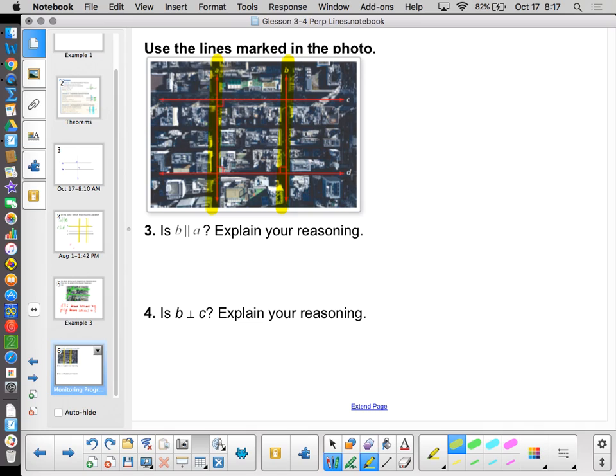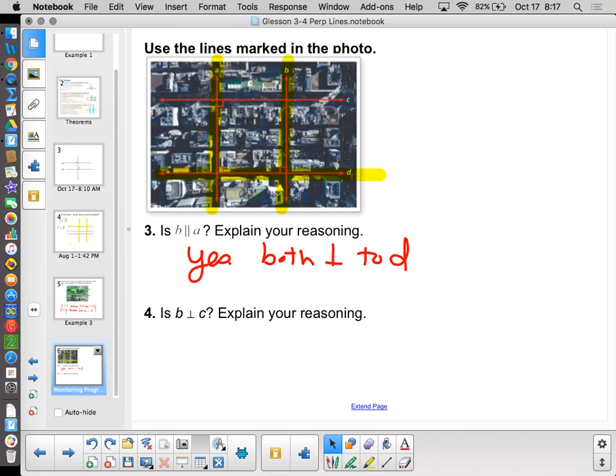Which one? D. Okay. Yes. Both perpendicular to D. Okay. We can get away with some sentence fragments here. It's okay. This is math, not English.